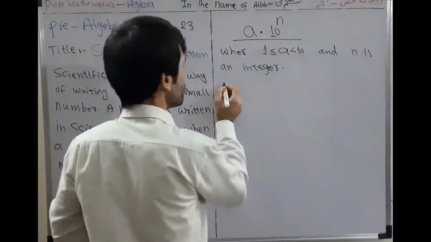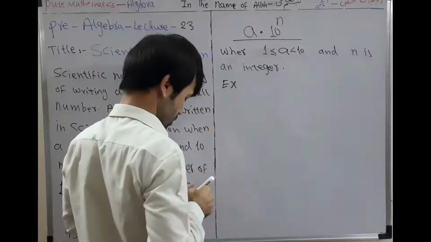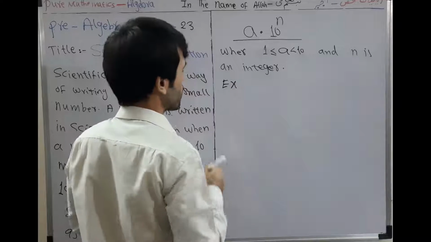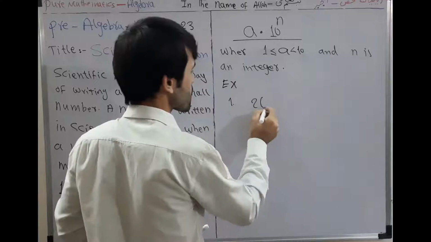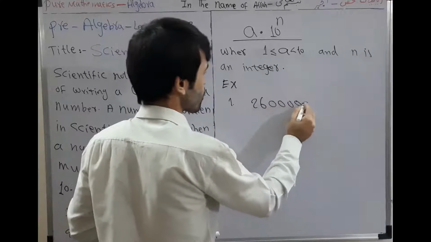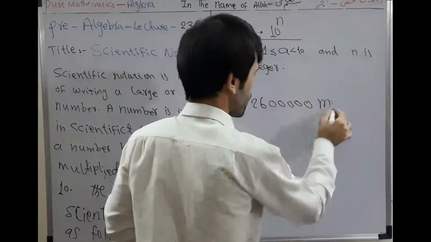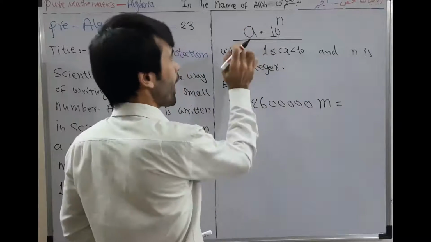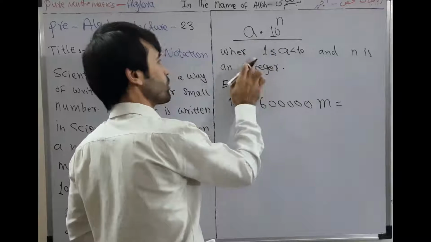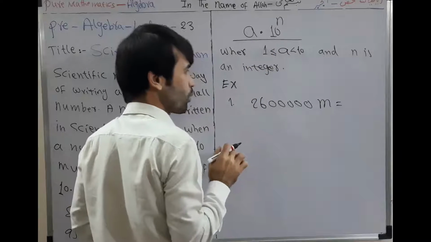Example 1. 26,000,000 meters. How can we write it like this, where a must be less than 10 and greater than or equal to 1?